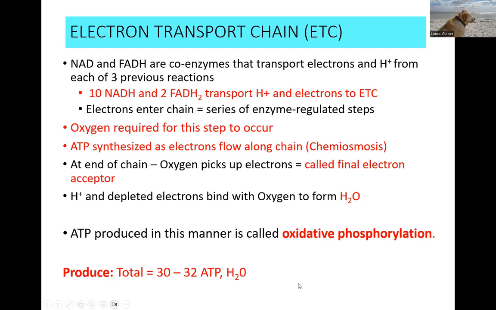Okay, so, all those NADHs and FADH2s that you produced, well, this is where they become relevant. You produce those just so you can use them at the end. Right. So those NADH and FADHs are coenzymes that transport electrons and hydrogens from each of the previous reactions.